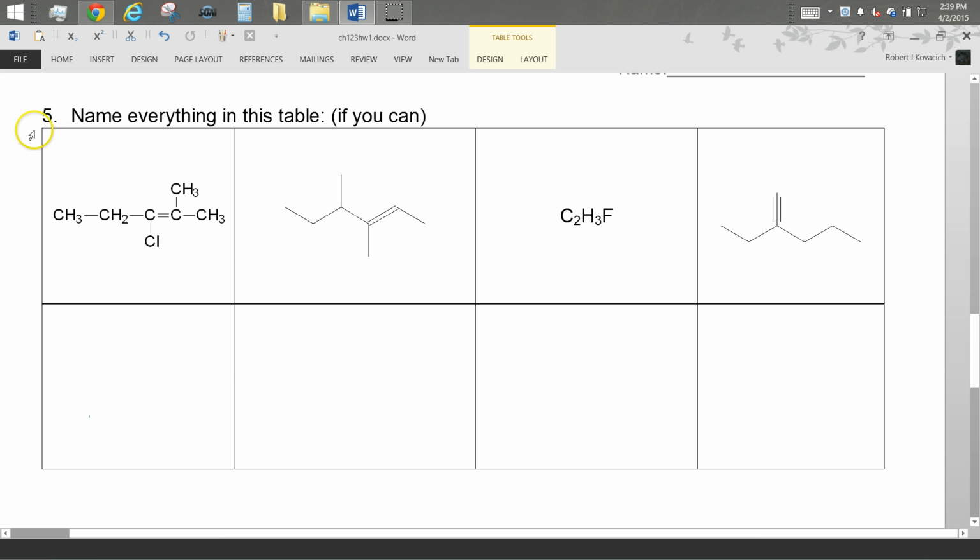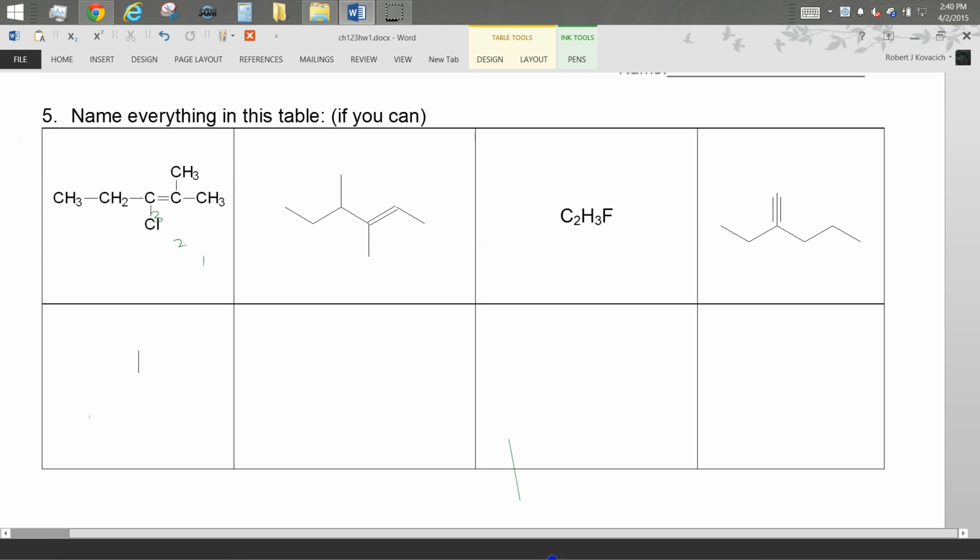Why isn't this table coming up? One, 2, 3. Yay. How am I going to fix that?